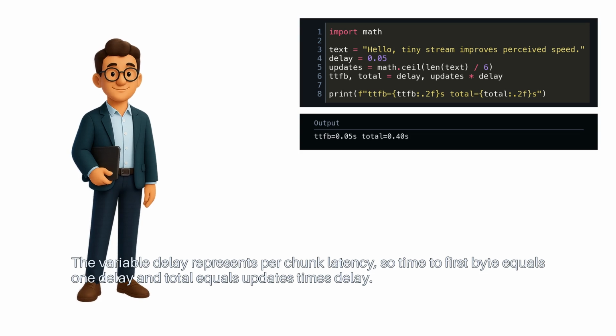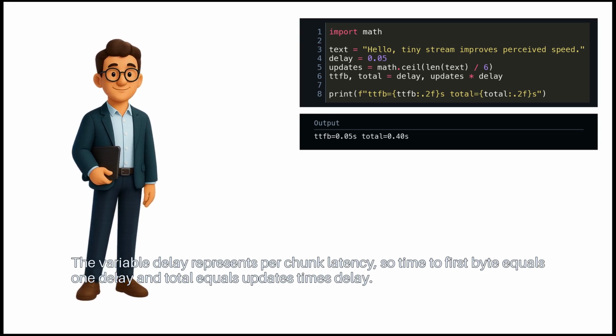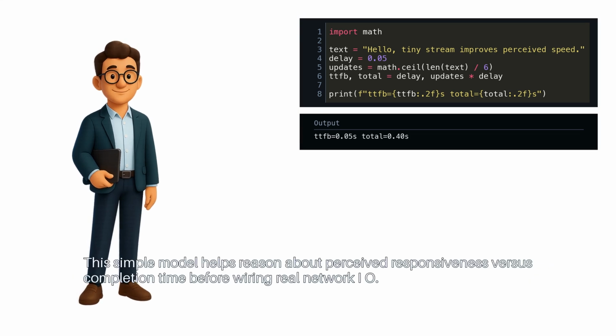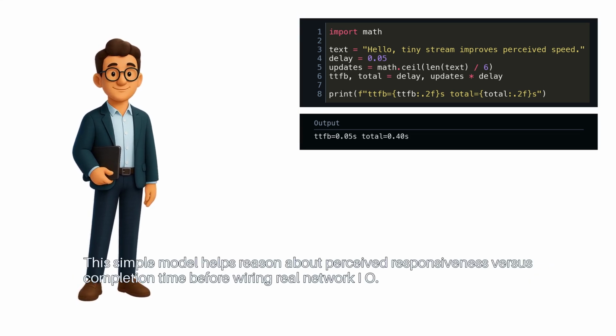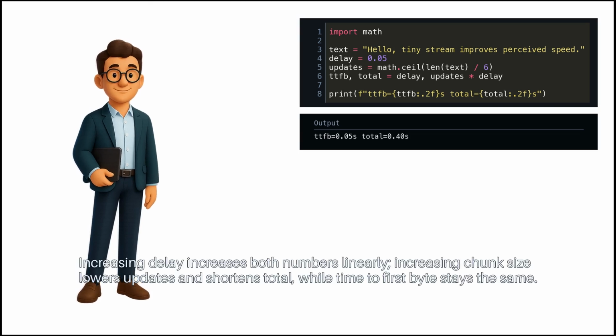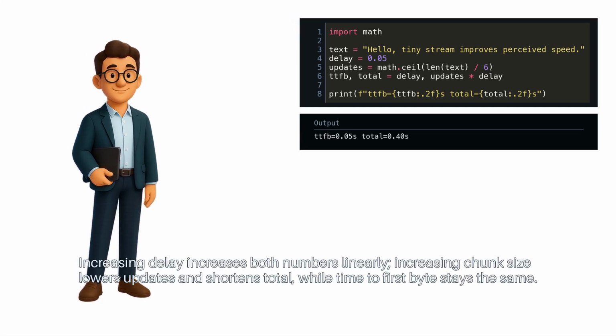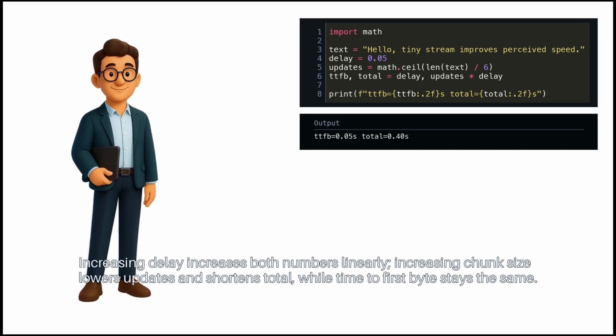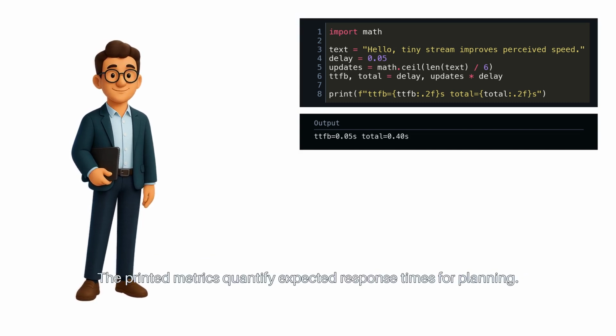The variable delay represents per chunk latency, so time to first byte equals 1 delay, and total equals updates times delay. This simple model helps reason about perceived responsiveness versus completion time before wiring real network I/O. Increasing delay increases both numbers linearly. Increasing chunk size lowers updates and shortens total, while time to first byte stays the same. The printed metrics quantify expected response times for planning.